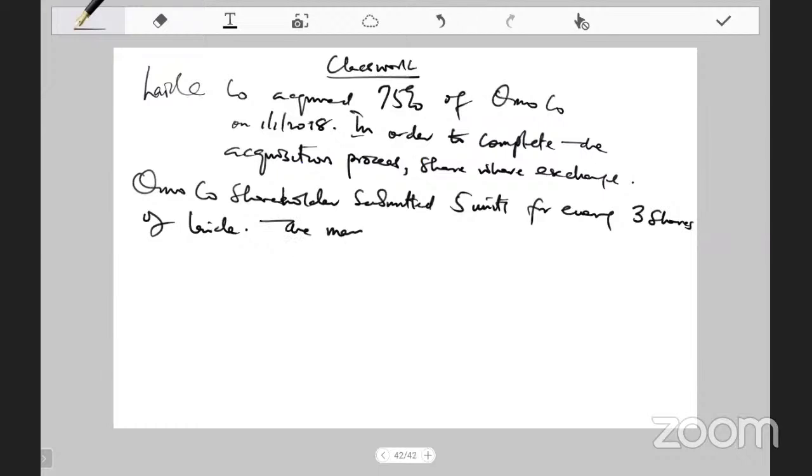The market value of Laide is 2 naira 50 kobo. So we now have what we call the capital structure.